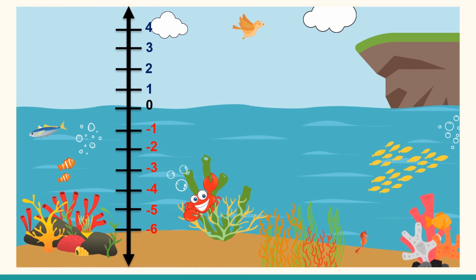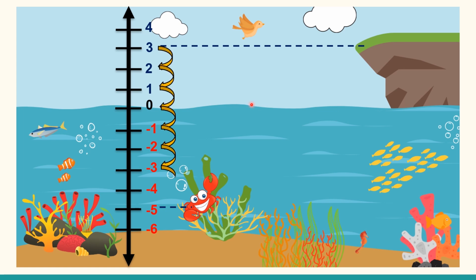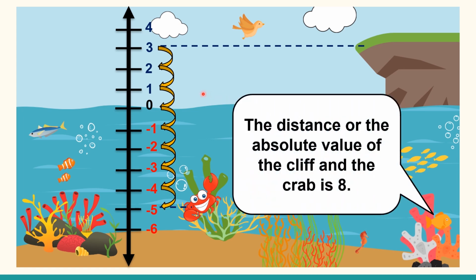Now, what is the distance between the cliff and the crab? You're right. We have 1, 2, 3, 4, 5, 6, 7, 8. The distance, or the absolute value of the cliff and the crab, is 8.